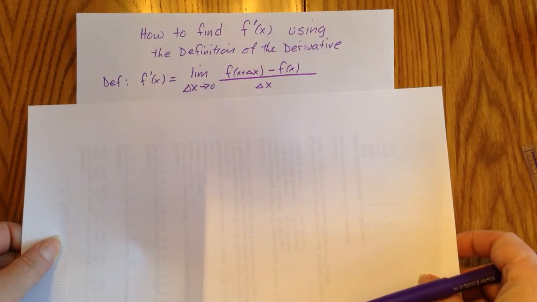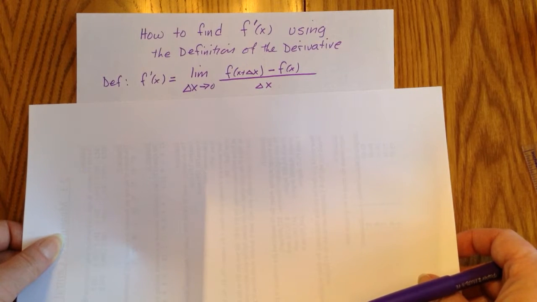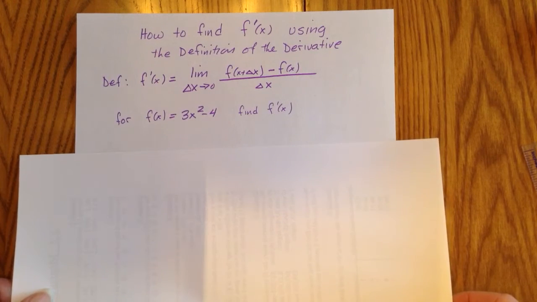There it is in all its glory. f prime of x equals the limit as delta x approaches 0 of f of x plus delta x minus f of x, all over delta x. And we are going to use that definition to find the derivative of that function.